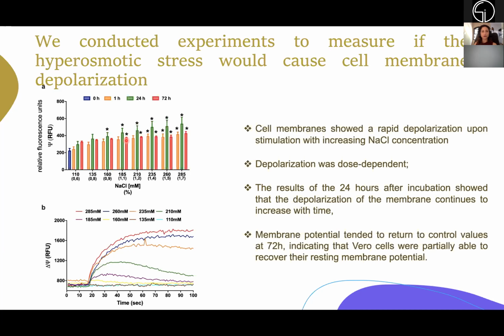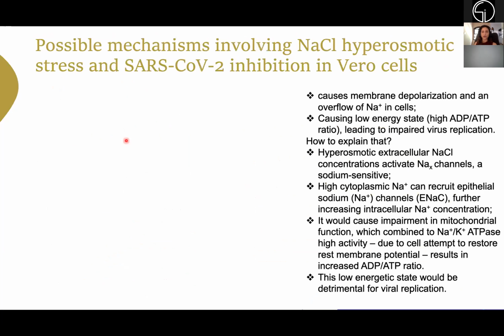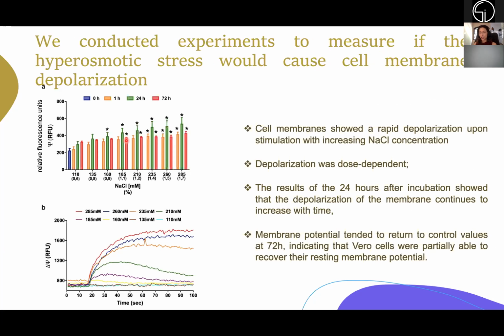So what we can conclude is that the inhibition of the virus replication in the cell is related to the depolarization of the cytoplasmic membrane, which is when you have the entrance of the virus. So probably it is avoiding the entry of the virus and the replication.